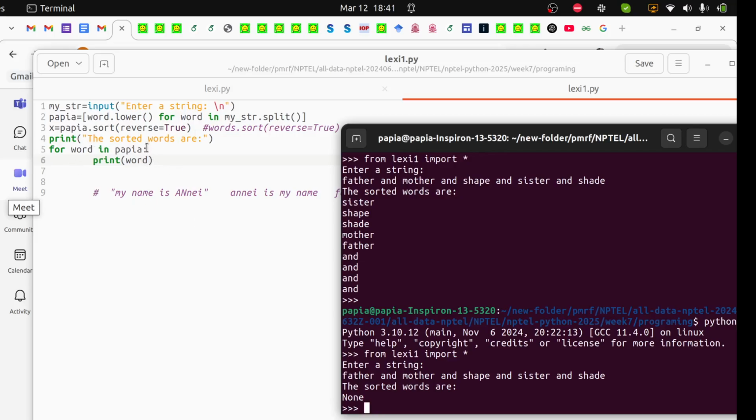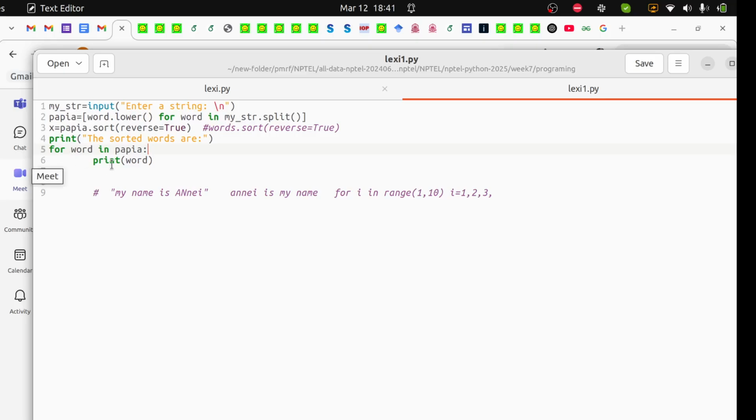So for this case, this is nothing but making the word. Okay, it is this one. It is like making the word in line number 5. You can see line numbers 5 and 6 are nothing but making that sentence into word-like things, and I am just going to print this sentence in a word-like form.